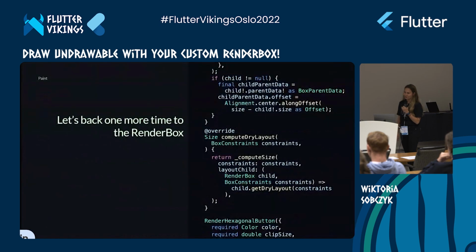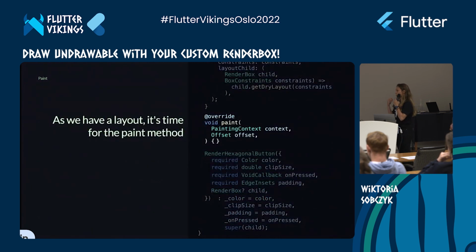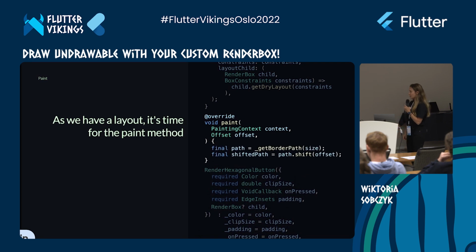Okay, so let's go back to our RenderBox code. And that's what we should do in this step. We should override the paint method. And as we can see, we have a path.